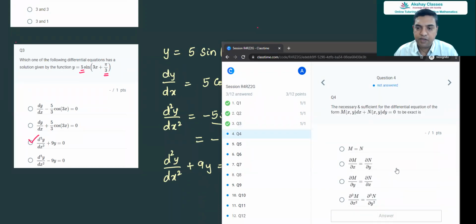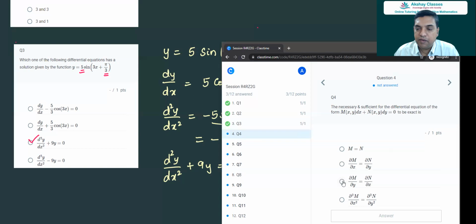And this is straightforward. I'll not solve this on board. This directly, for this equation to be exact, the term of dx, that is M, should be partially differentiated with y. And the term associated with dy should be partially differentiated with respect to x. And both should be equal.